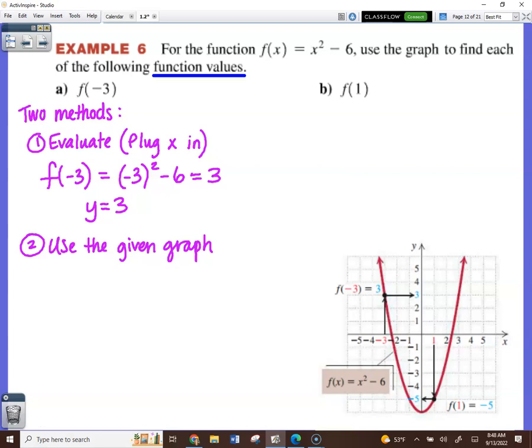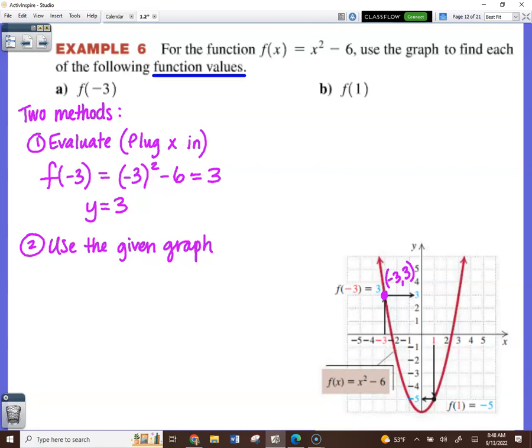So you go to the picture, you find on the x-axis -3, and then you either go up or down depending on where the graph is. In this case, you go up, and it's right here, and you read the y-coordinate. The y-coordinate is 3. That is the coordinate point right here, -3, 3. That's how you read it. It's as simple as that.